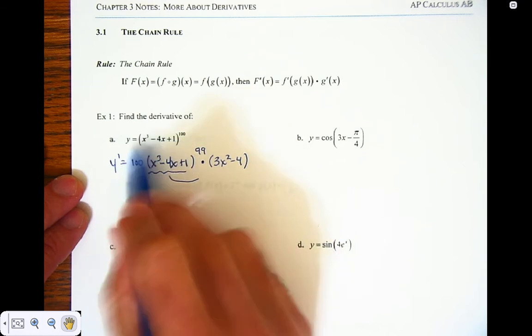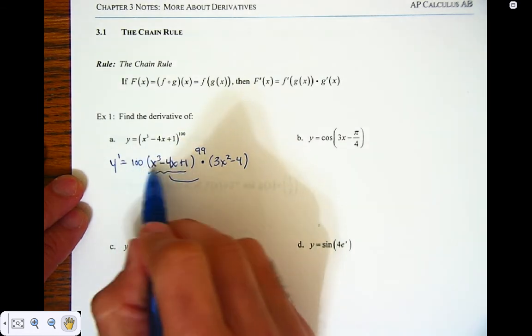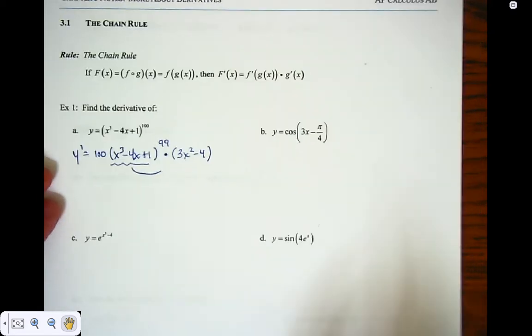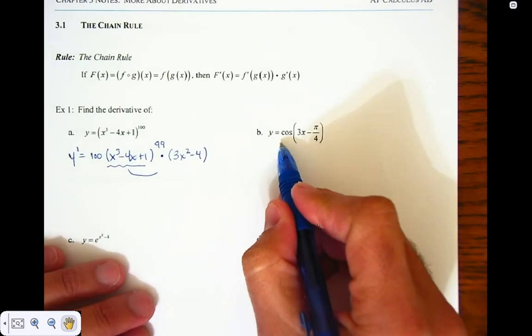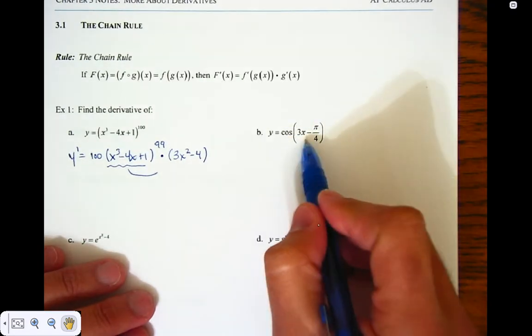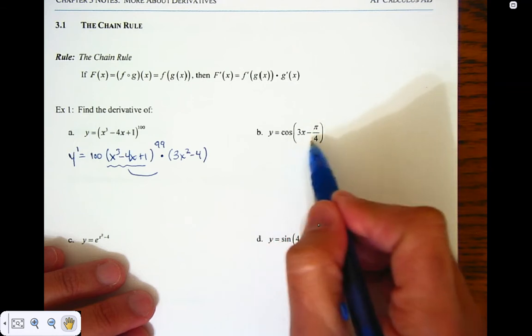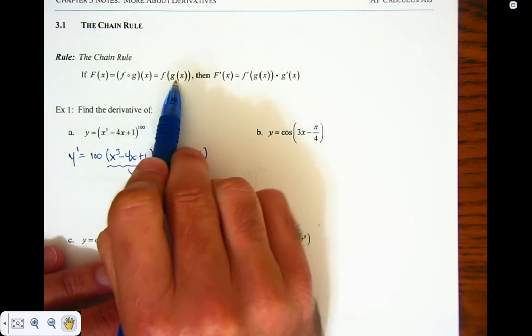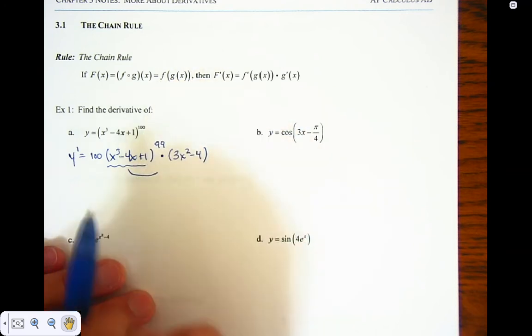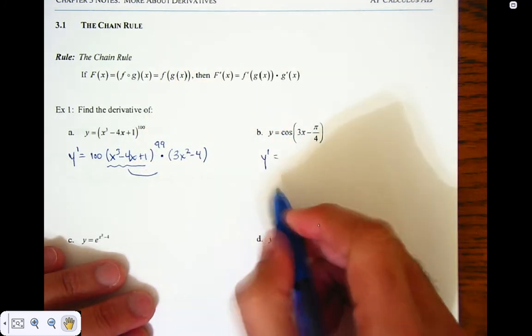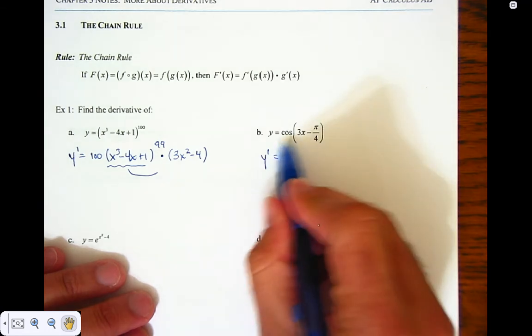You use the power rule in this case and then multiply by the stuff you have not taken the derivative of. Okay, well, this is also the chain rule. How come? Well, cosine of something is a function, and then 3x minus pi over 4 is also a function. So you have a function inside of a function. And so the chain rule says, start by taking the derivative of the main function, which is cosine.